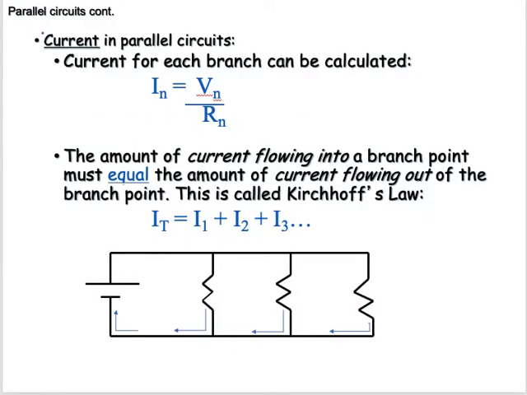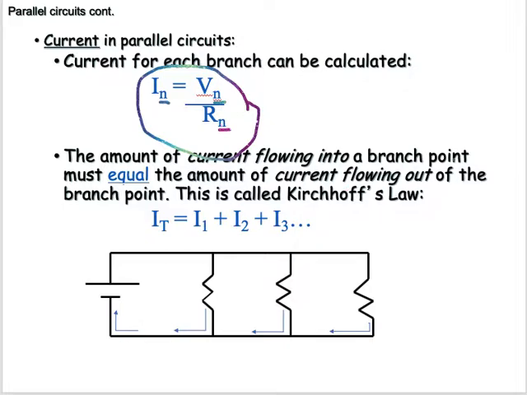To calculate current in a parallel circuit, you would use this equation here. This says that the current at this specific resistor or this specific branch is equal to the voltage at that same branch divided by the resistance at that same branch. So this N here just stands for the branch number.